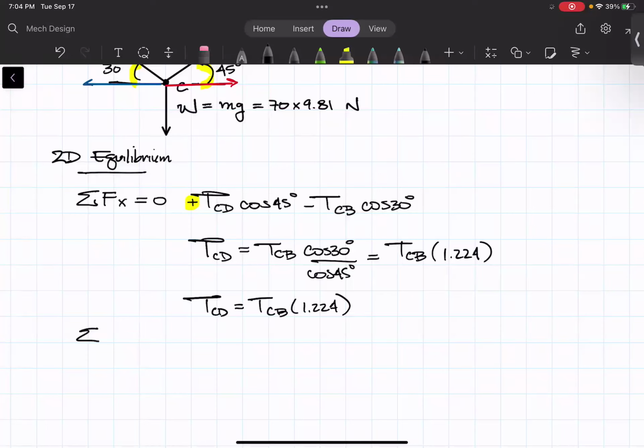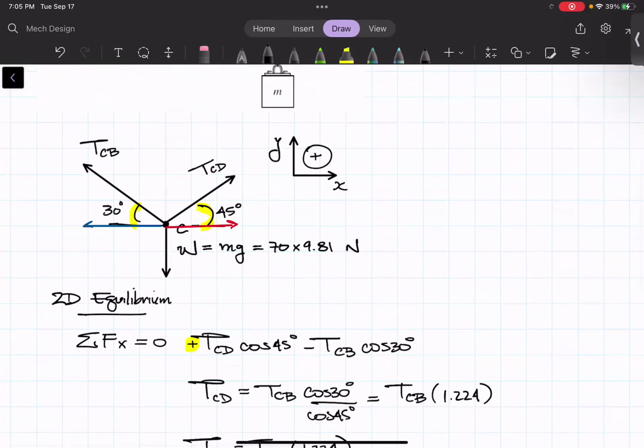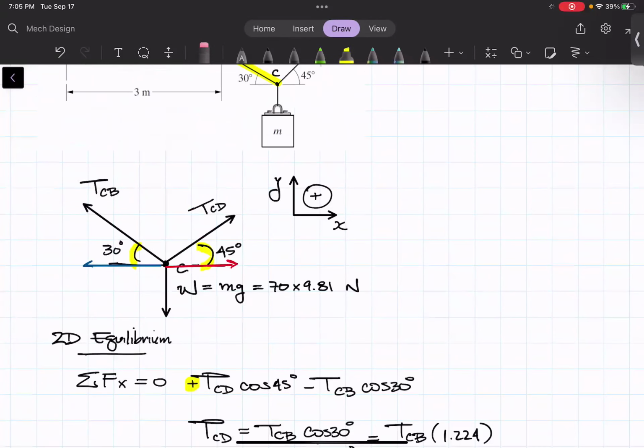Now we'll do the sum of forces in the Y equal to 0. We'll get a positive TCD sine of 45 plus TCB sine of 30. Both have a positive y component.